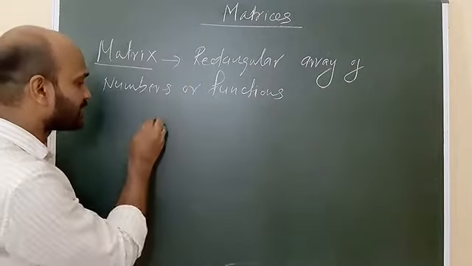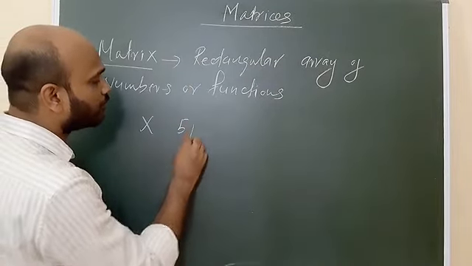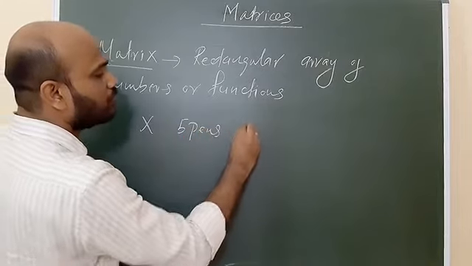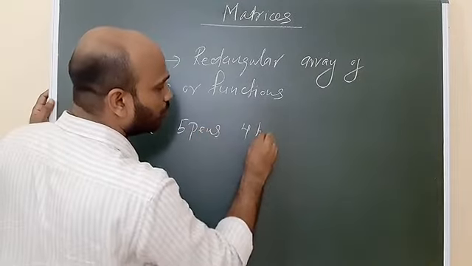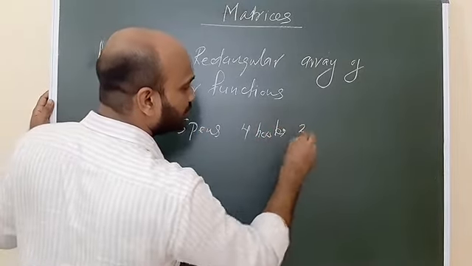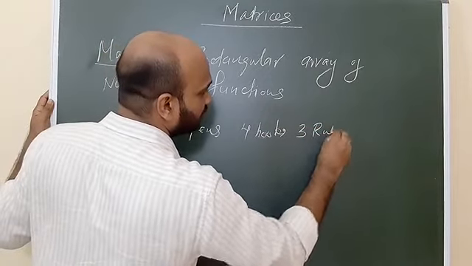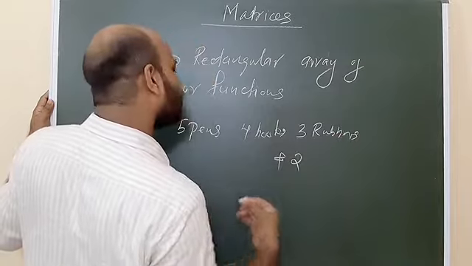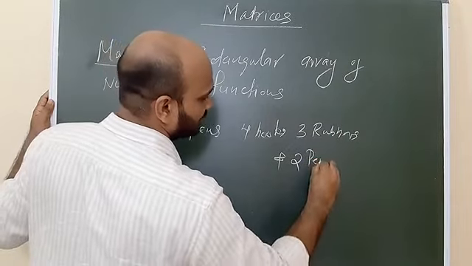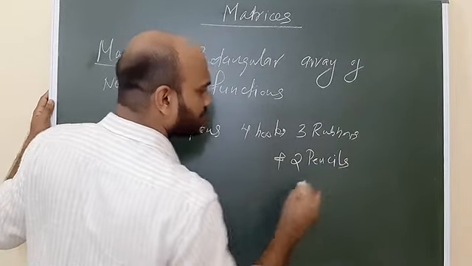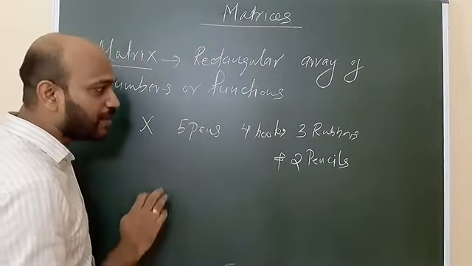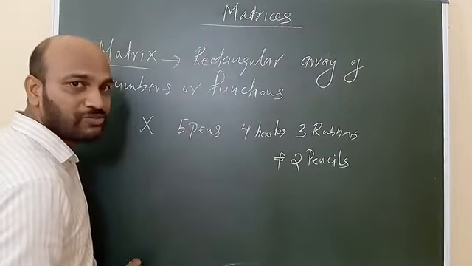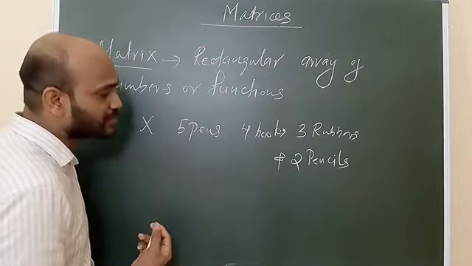Suppose a person X has 5 pens, 4 books, 3 rubbers, and 2 pencils. Actually, these are data. Can we represent these data in a rectangular form, in the form of a matrix?